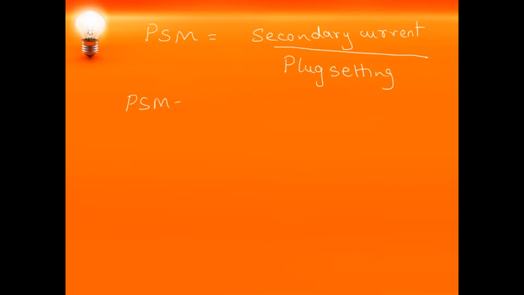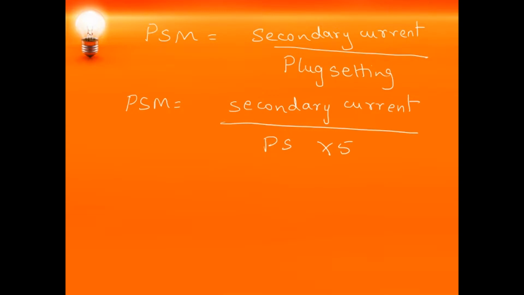The plug setting is not mentioned for the transformer. So we'll write this as the secondary current divided by plug setting PS into 5. 5 is your rating of the relay.